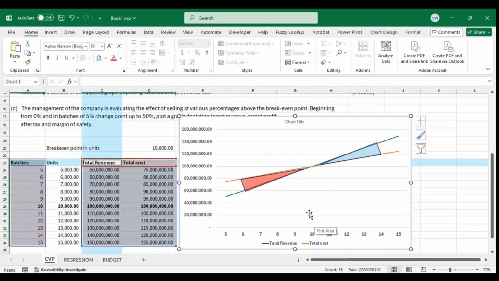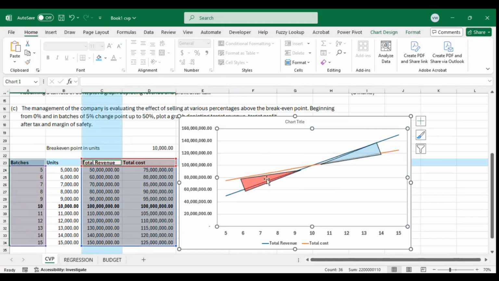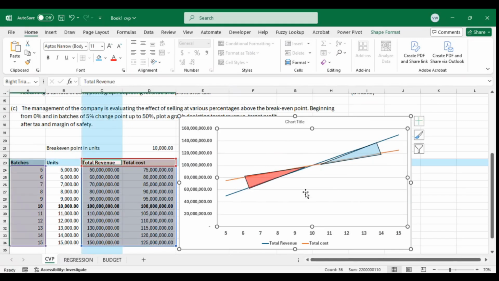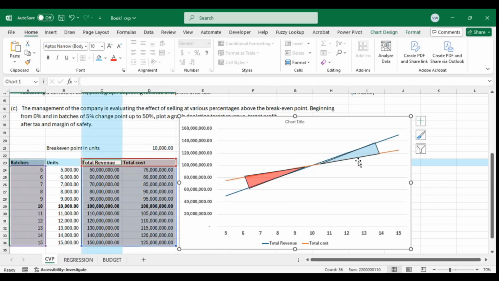But we have to show clearly the two regions. So the other thing we can do now is probably solve that. I think that's it. We don't need to spend much time on that.